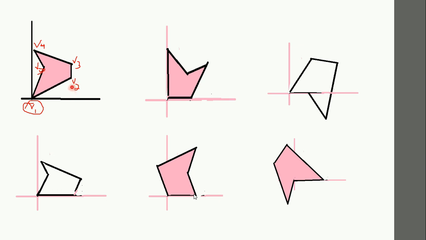According to the shifting rotational method, we are going to shift vk plus 1 onto the x-axis. If I select v1, the next vertex to be selected is v2, so I am going to place v2 on the x-axis. When I place this v2 on the x-axis, your polygon will be in this manner.